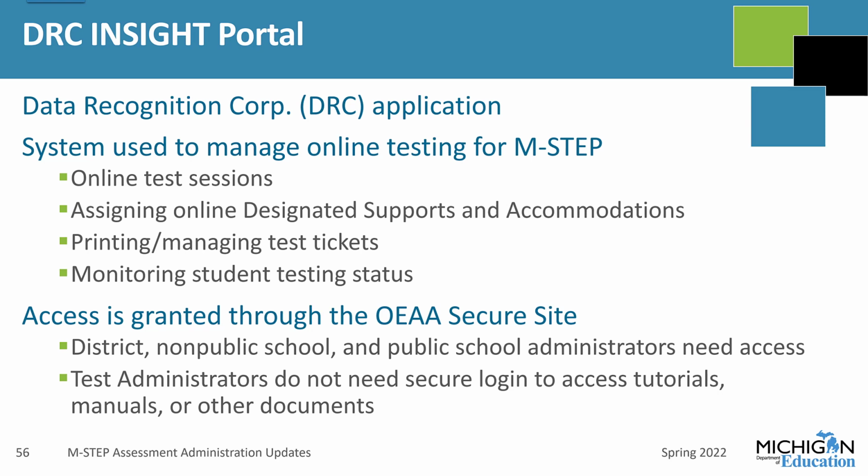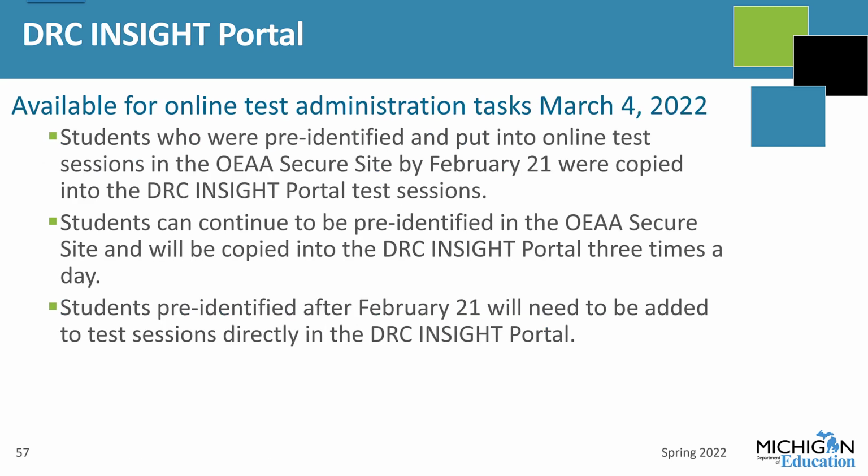If you need help getting access to the DRC Insight portal, go to the Secure Site training page at www.michigan.gov Secure Site Training and select the document under Security called How Do I Get Access to the DRC Insight portal? The DRC Insight portal will become available for online test administration tasks beginning on March 4th.